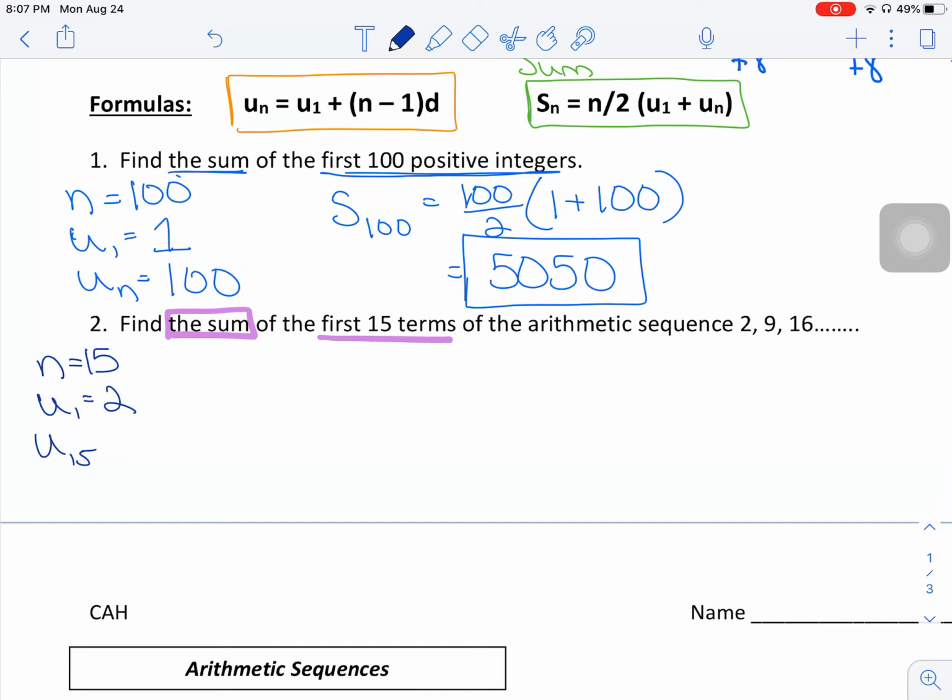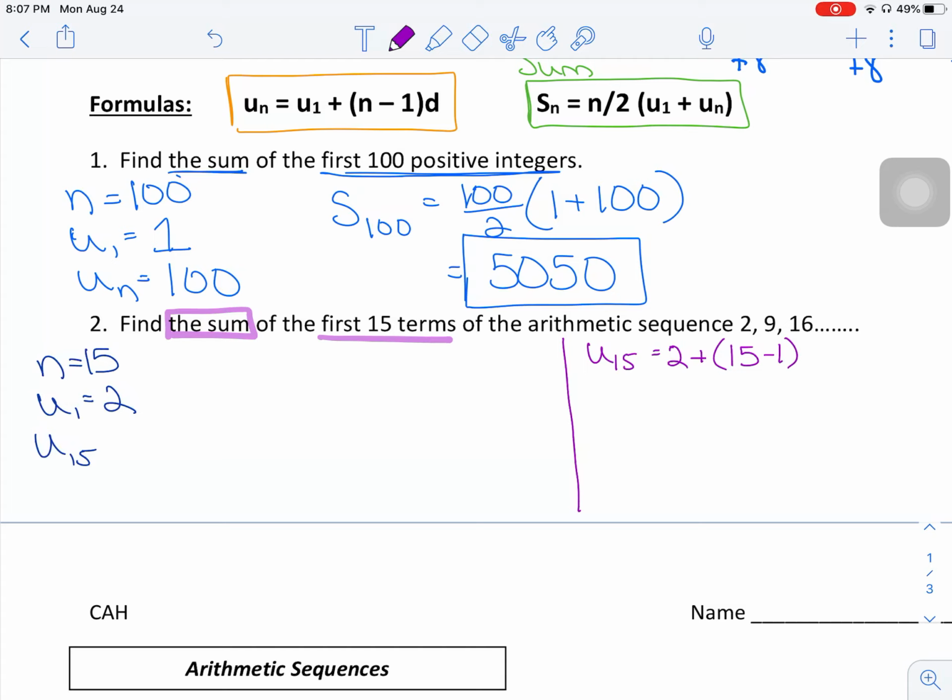So what I need to do is, off to the side here, change color, find u sub 15. And the way I'm going to find it is by using this nifty little formula right here. u sub n, in this case 15, is equal to u sub 1, which was 2, plus n, in this case 15, so 15 minus 1 times d.